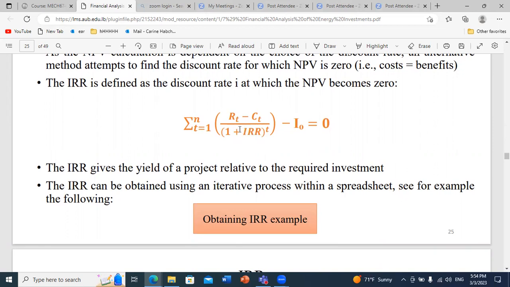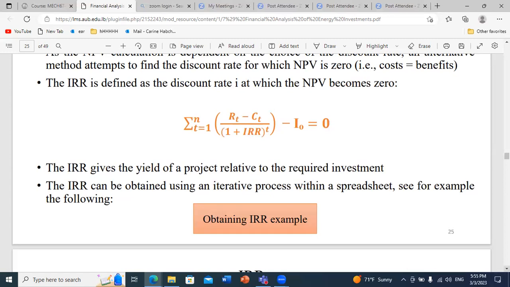You can solve your equation analytically or using the calculator. Even this summation can be implemented in the calculator. So the calculator can solve such an equation for you if this term is constant. If not, you should use an iterative procedure in order to determine the value of the IRR.